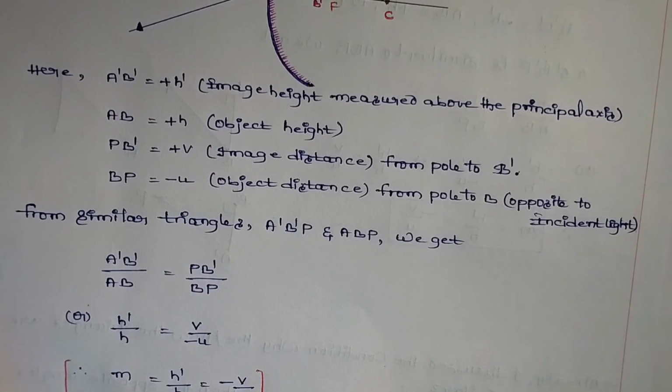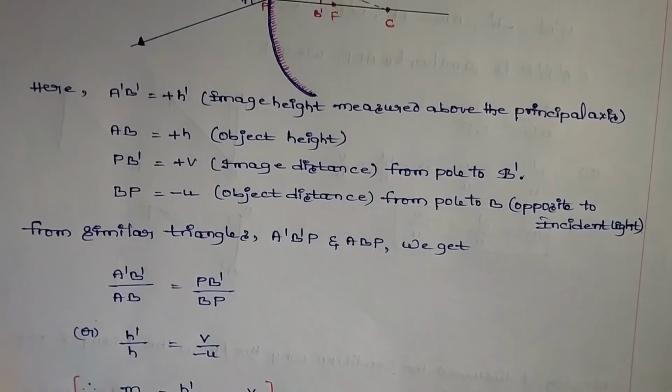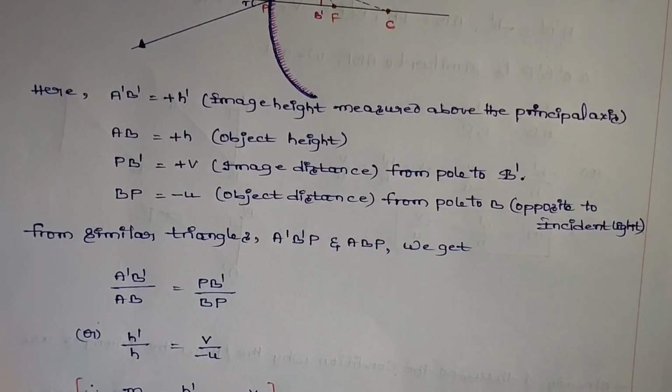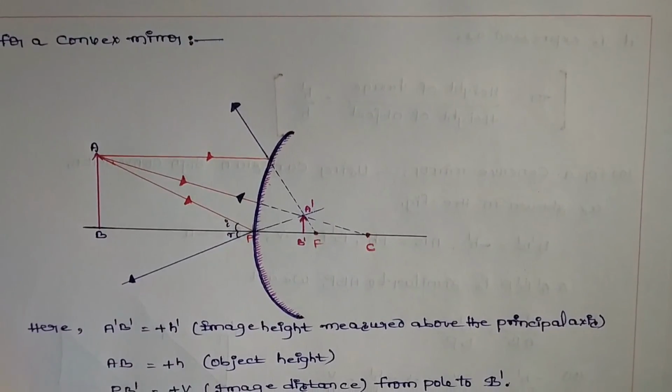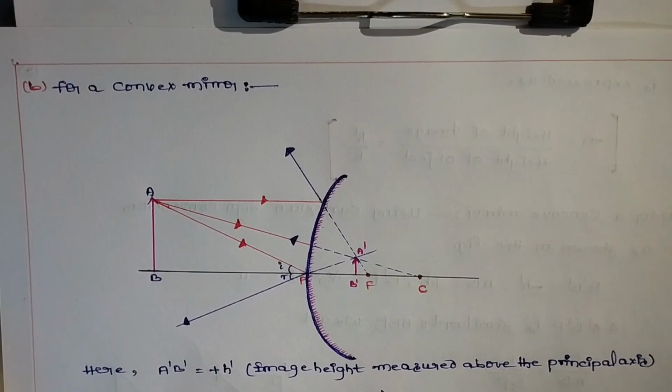And next I will tell two examples. Finally, two examples for better understanding of magnification. If the magnification produced by a plane mirror is +1, what does it mean?